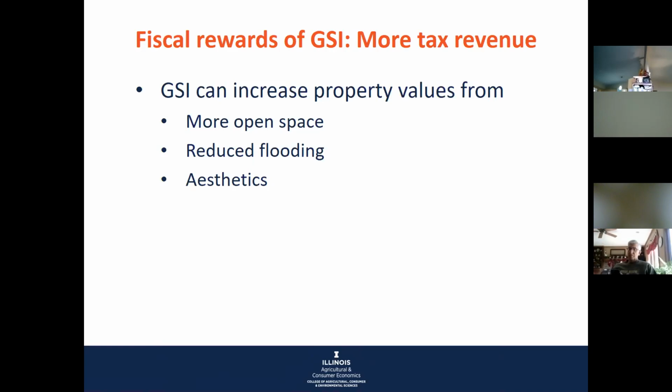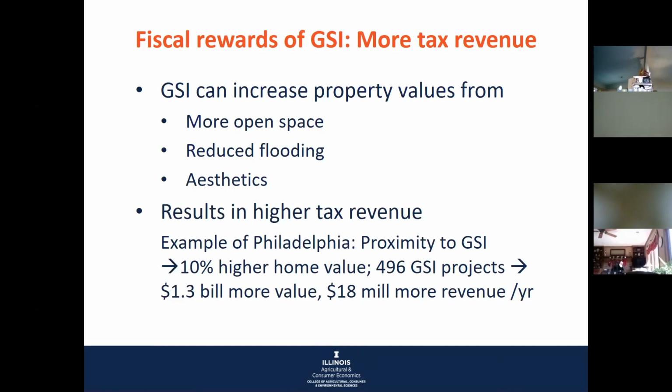If you are successful in reducing flooding, that also increases property values. And I'm so glad that Eliana went first. As you can see, done well, a lot of green stormwater infrastructure can be quite beautiful, and so the aesthetics can increase property values. The result is higher tax revenue.